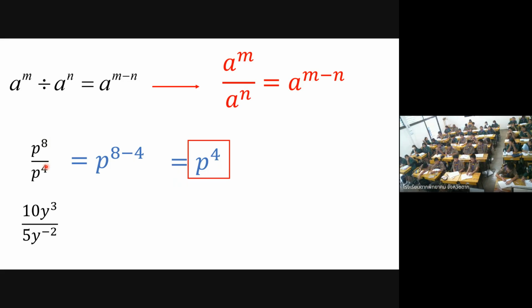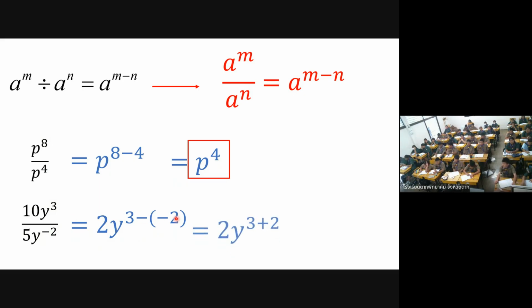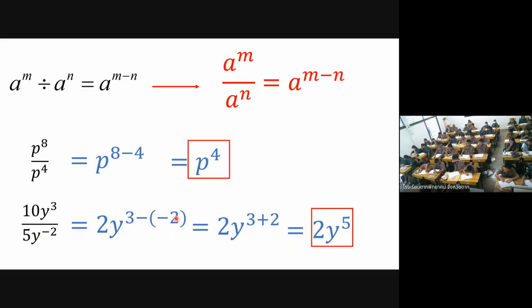The answer is 2y to the power of 5. 10 over 5, 10 divided by 5. Then y to the power of 3 divided by y to the power of negative 2. Remember, the case is m minus n. What is your m? 3 minus your n, negative 2. Right? And so the answer is 2y to the power of 5. Okay? This is what the exponential rule is all about.